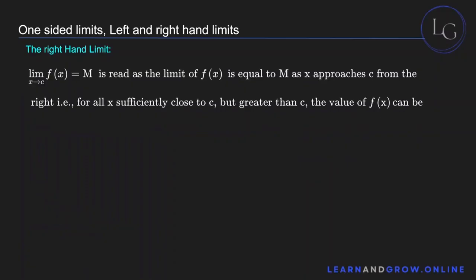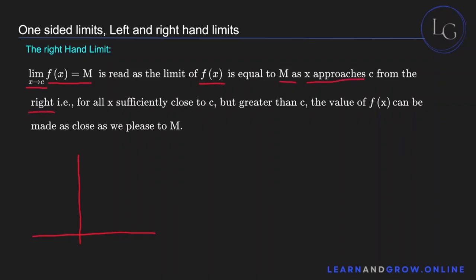Now let's see a right hand limit. If you have a graph, it says the limit of f of x is equal to m as x approaches c from the right side. So here's an example. If you have this function over here, and this is c.